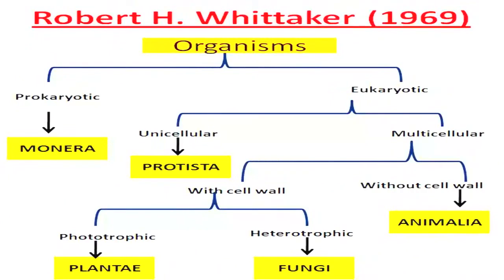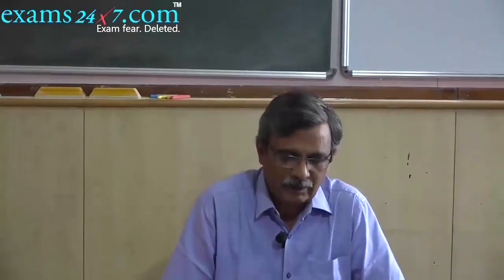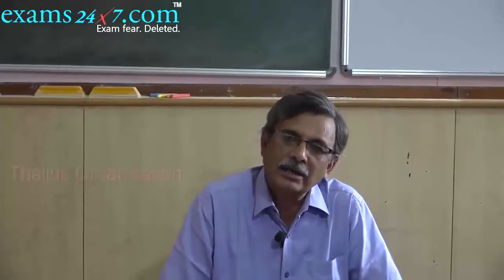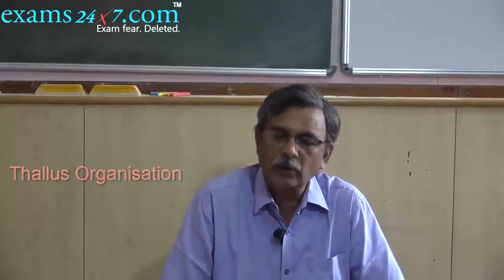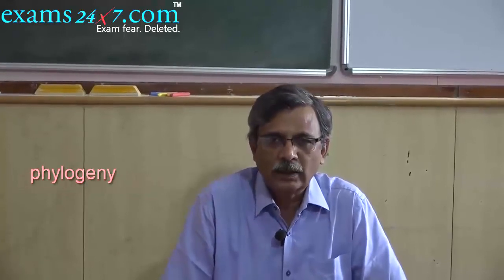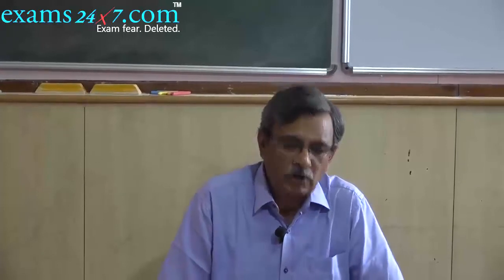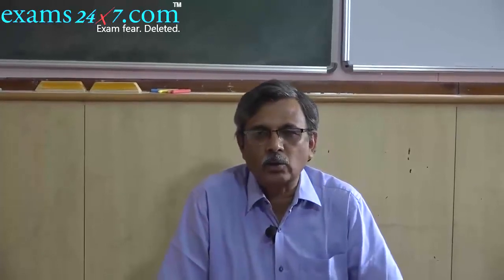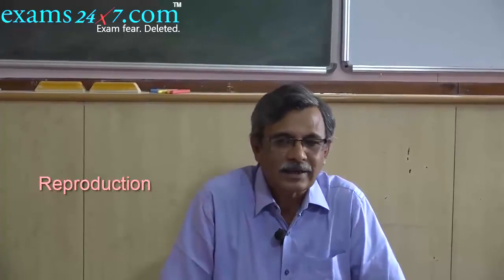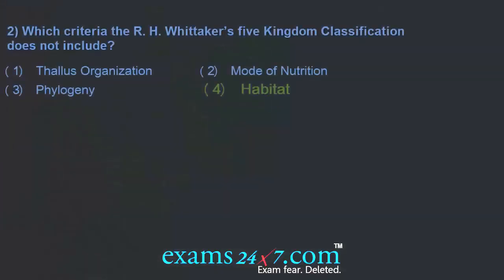He used 5 different criteria that include thallus organization, mode of nutrition, phylogeny or evolutionary aspects. First 3 we know, and in addition to these 3, he also looked into cell structure and reproduction. So what is the answer? The answer is habitat. That is option 4.